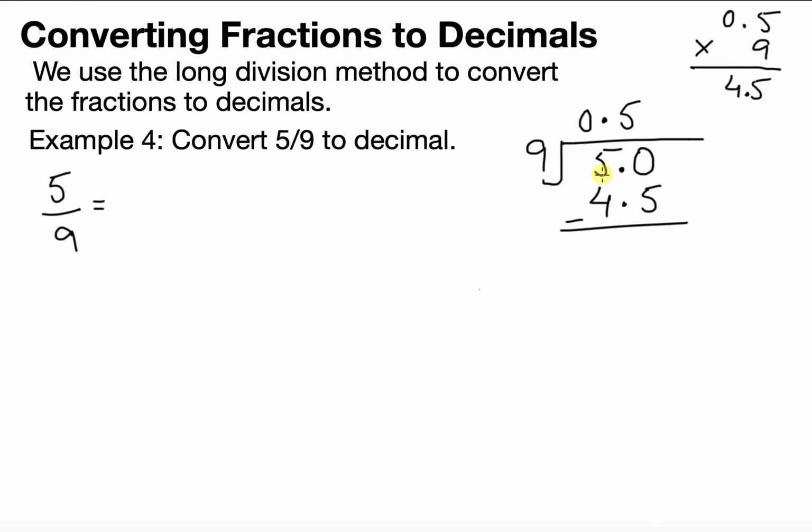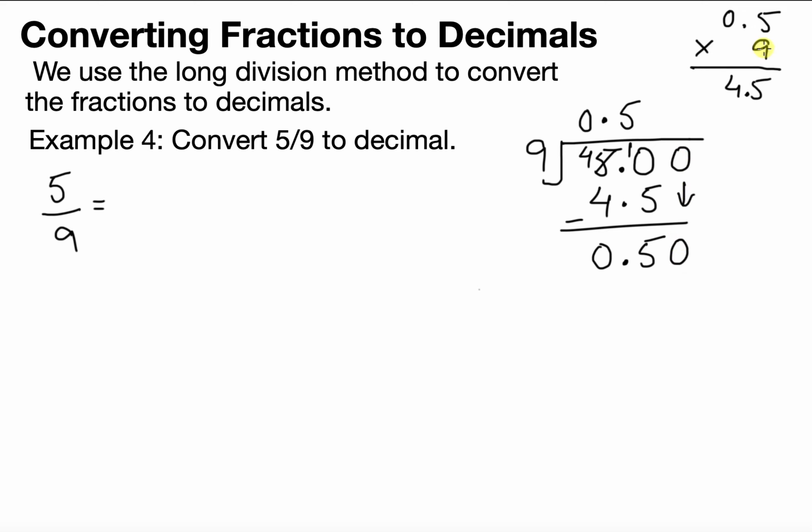Okay. We borrow 1 from here, which makes it 4. So this becomes 10. 10 minus 5 is 5. Decimal place there. 4 minus 4 is 0. Put another 0. Bring it down.